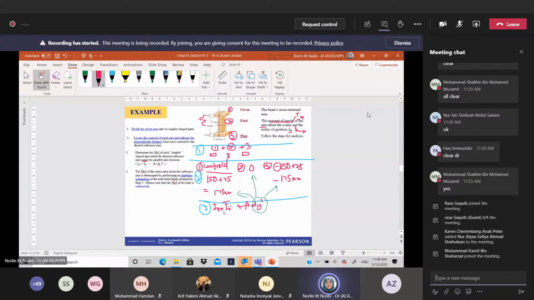Have you all tried to look at it? Ix is different for each shape. Okay, let me show you. How do you want to find the Ix bar? This is the Ix bar.